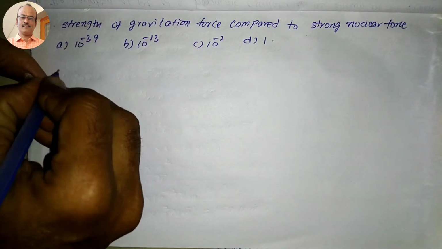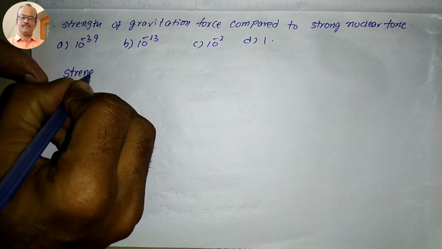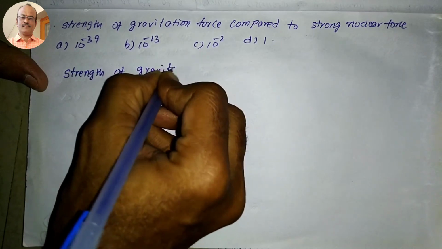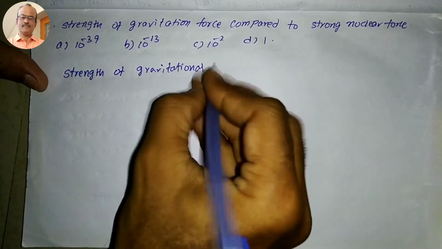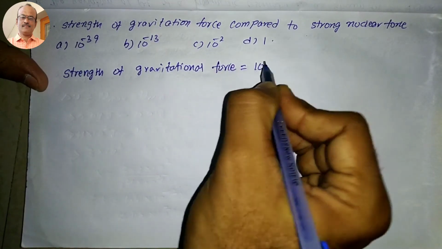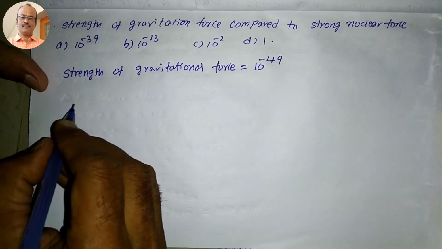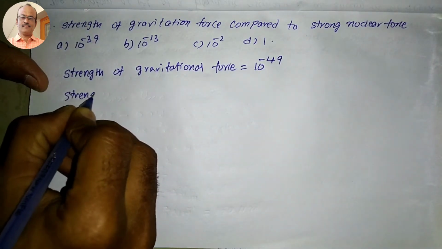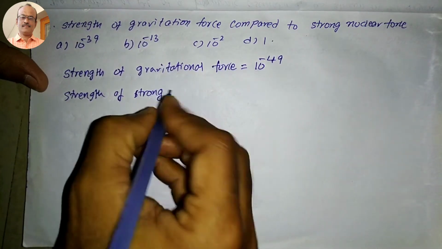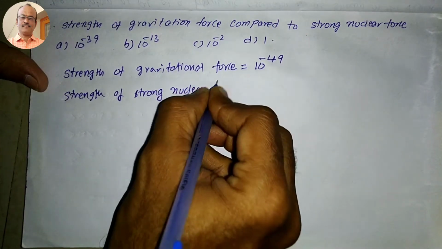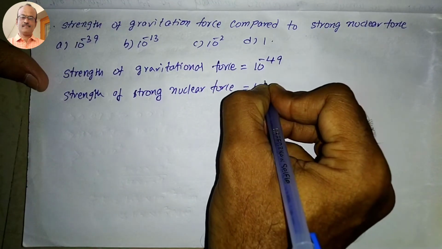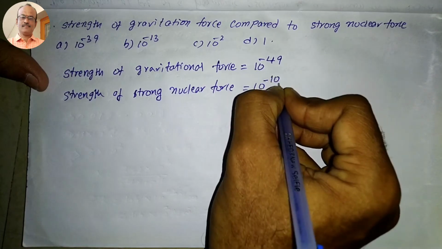So here first of all, strength of gravitational force is equal to 10 to the power of minus 49, and another one, strength of strong nuclear force is equal to 10 to the power of minus 10 newtons.